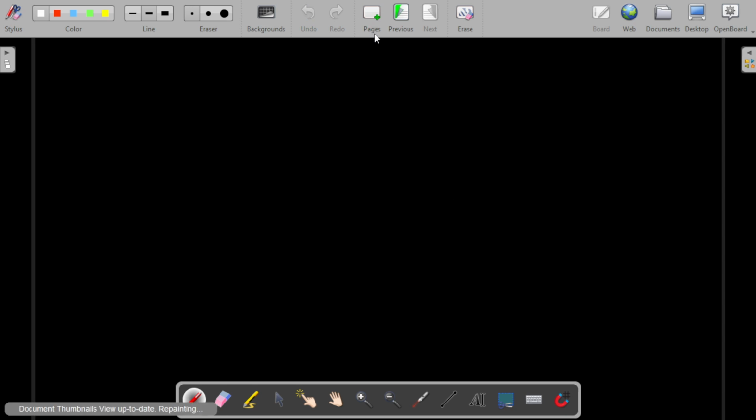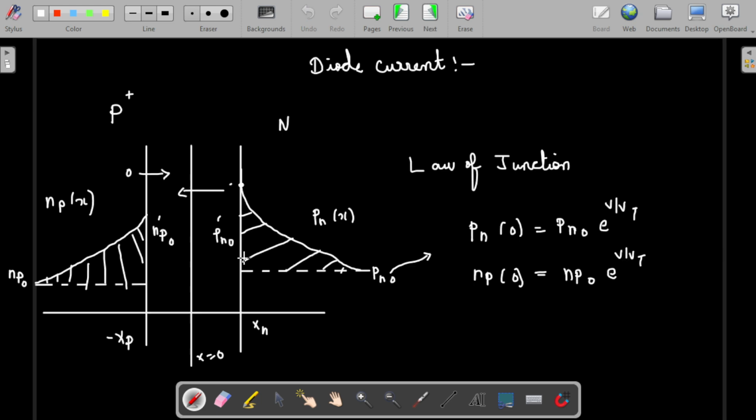I hope it's understood up to this level. Now let's take the assumption that Pn naught dash, the difference, will be equal to Pn of 0 minus Pn naught. This difference is the height they are talking about, this height from this to this, so for this height they are subtracting this value minus this value.